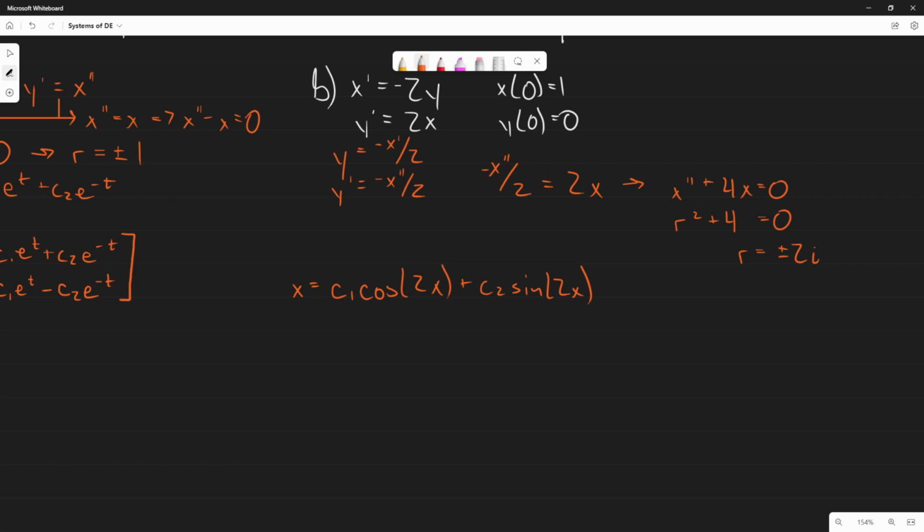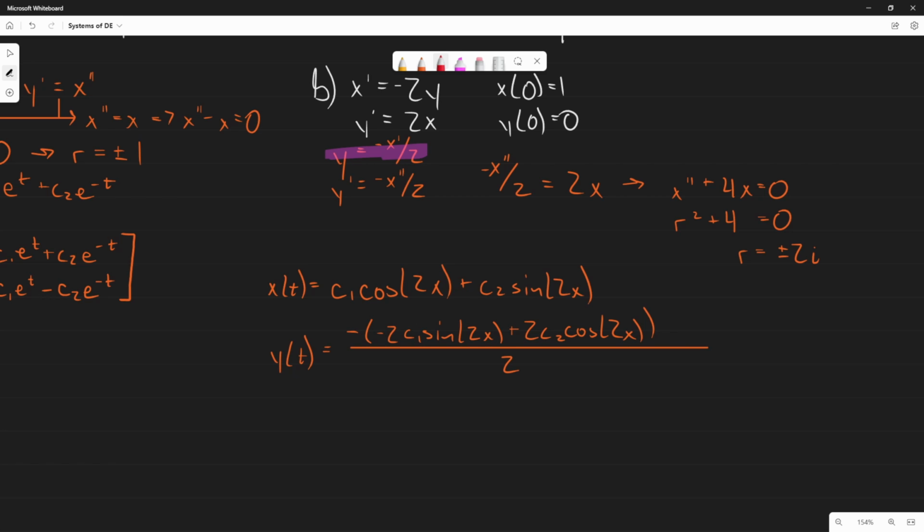The other half is plugging it in with this portion here. So our y, actually let me put x of t. Our y of t will be the derivative of x of t divided by negative 1/2. So this will give us negative times negative 2 c1 sine of 2t plus 2 c2 cosine of 2t, all over 2.